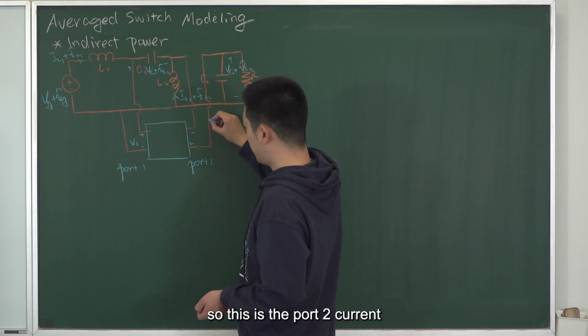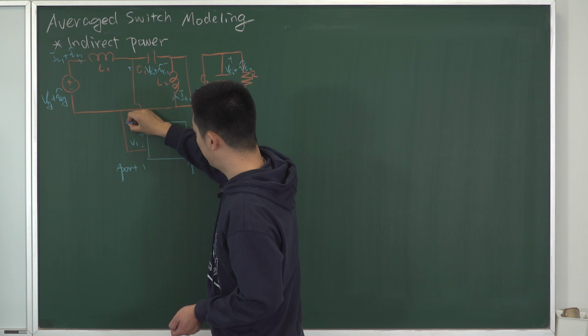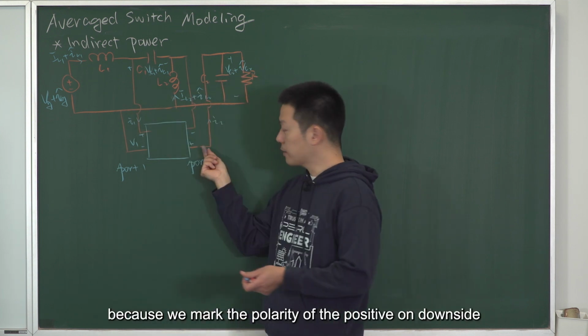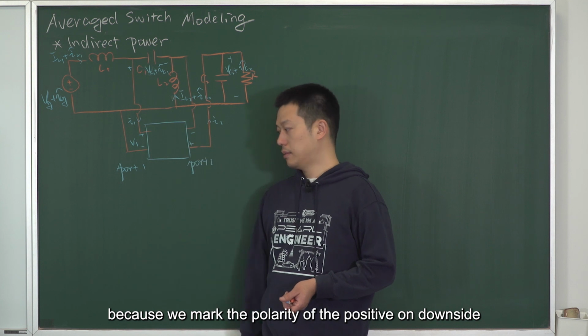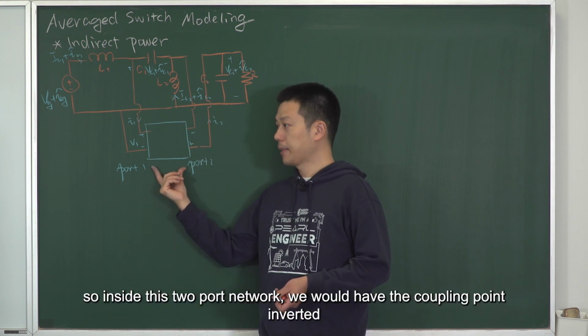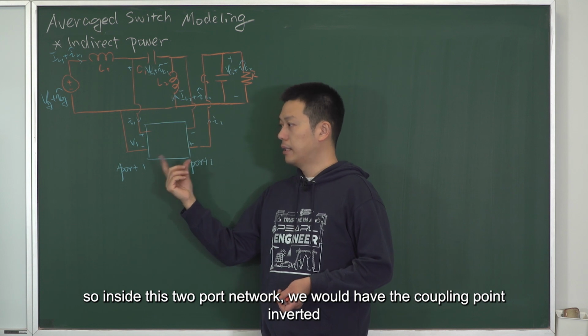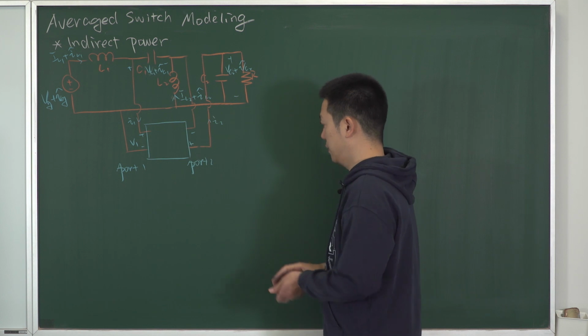So this is the port 2 current, and this is port 1 current. Because we mark the polarity of the positive on downside, inside this two-port network, we would have the coupling point inverted, right?